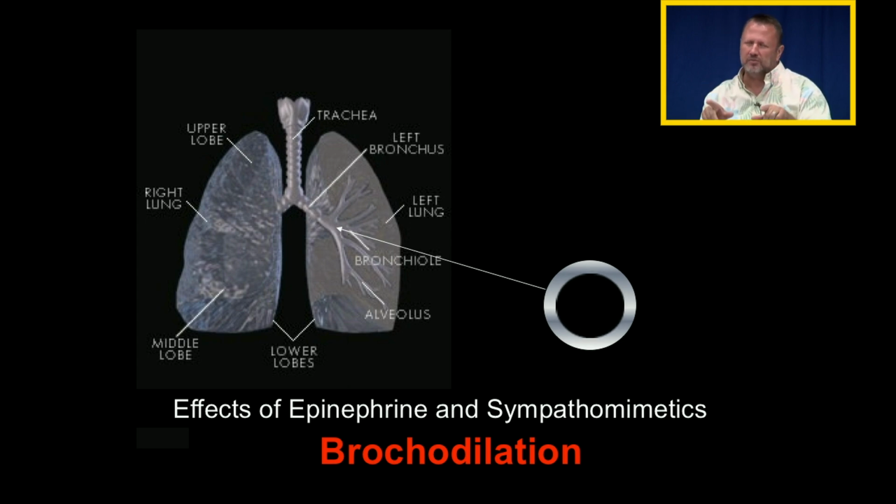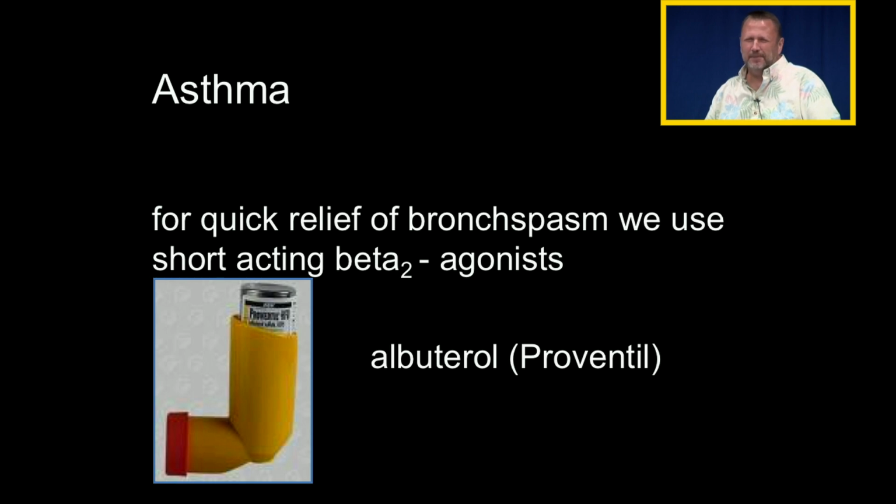They relax that smooth muscle around the airways, causing them to open. And so that's why drugs that are used as rapid-acting inhalers are also called bronchodilators, dilate to open. And so albuterol is our rapid-acting beta agonist because it's a bronchodilator.